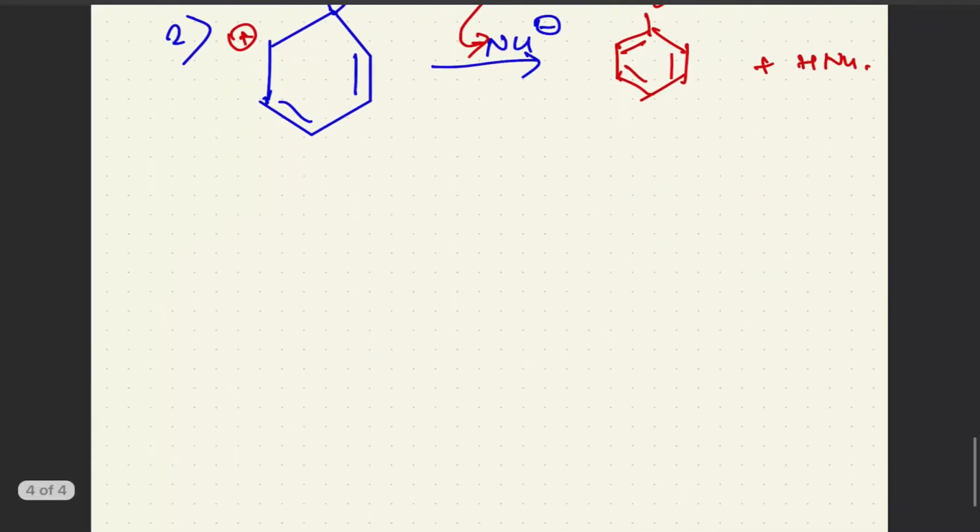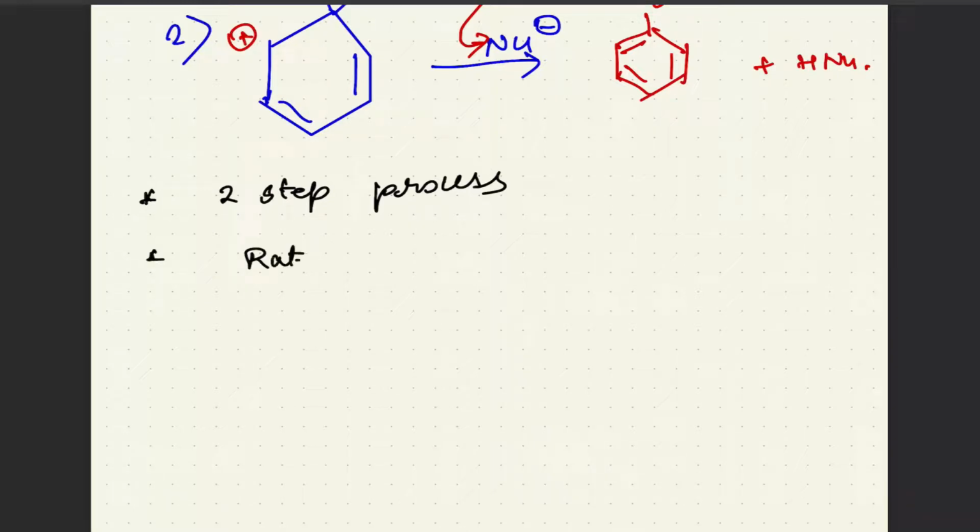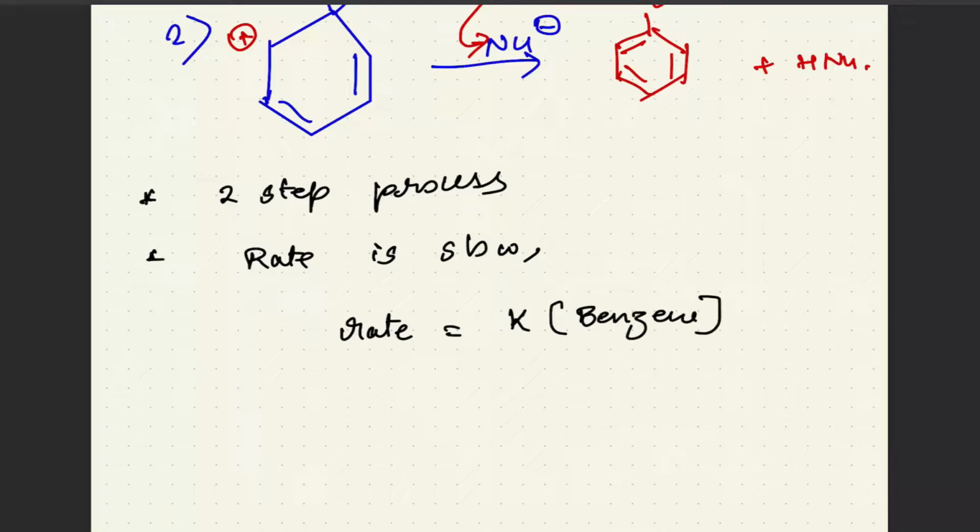So we saw that the conclusions are: it's a two-step process, and the rate is quite slow. The rate of reaction is 2, depending on the concentration of benzene and the concentration of E plus.